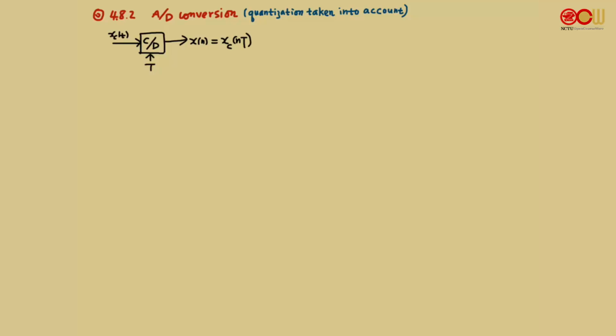Okay, but after sampling takes place, the samples will be stored in a computer. So how would the samples be stored in the computer exactly the same as xc(nT)? Can we store these numbers exactly in the computer?